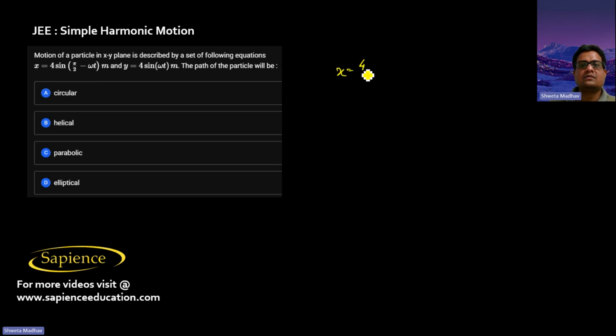It is x equal to 4 sine(pi by 2 minus omega t) in meters.